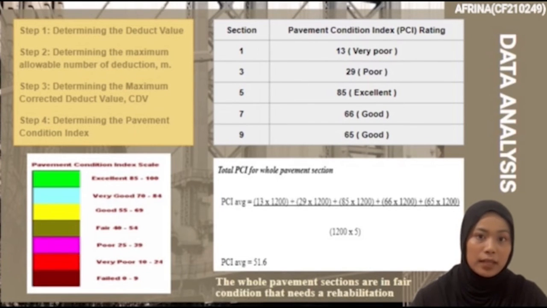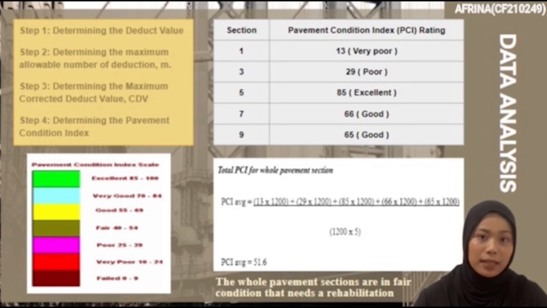This part is data analysis of the calculation and result of the pavement condition index. To get the value of the pavement condition index, the first step is determining the deduct value by referring to the graph of the distress density based on the density of the parameter calculated and the level of road condition.